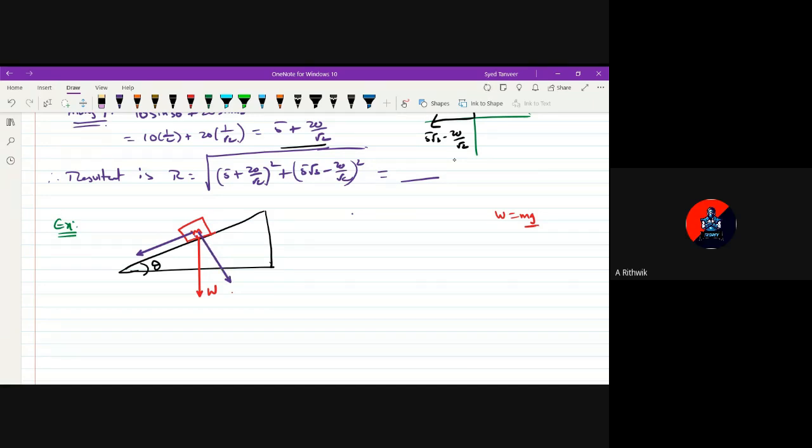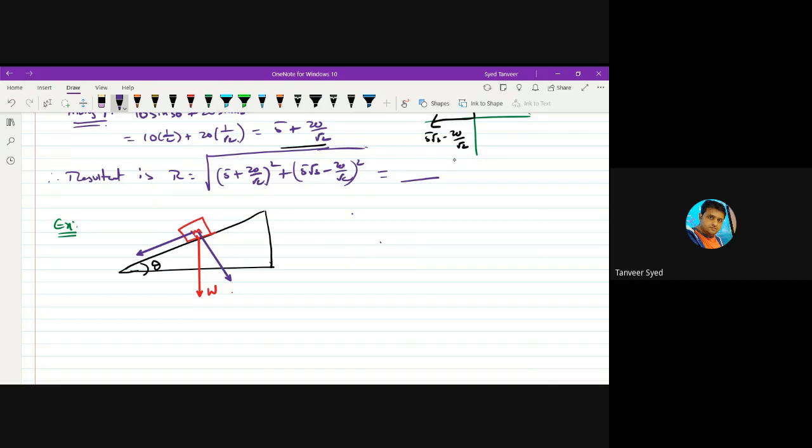Sir, weight is equal to mass plus gravity, sir. No, you forget that thing. We'll discuss that in the coming chapters. You imagine W is a vector, that's all. Okay. W is a vector. Then what is mg, sir? You forget this. Okay, sir.